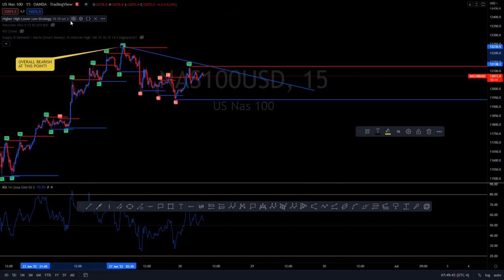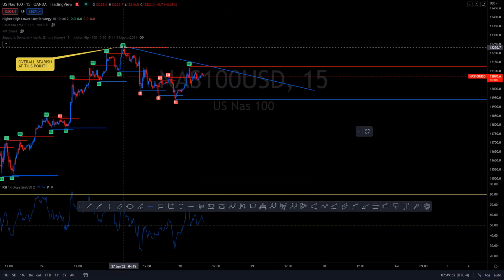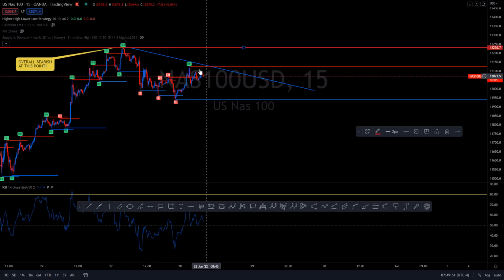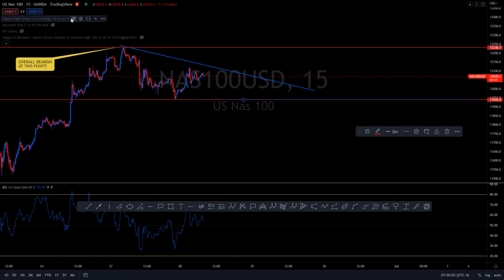Then what I want to do is turn on my higher high, lower low strategy indicator. We're going to find the most recent high. Probably going to end up being this, and this one. Yeah, that's what I'm thinking.